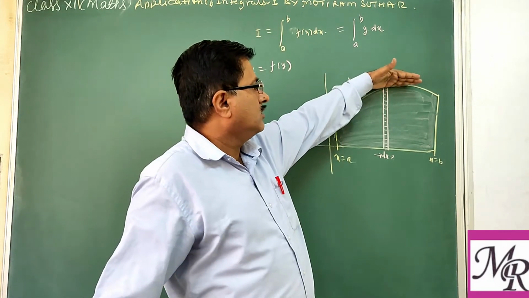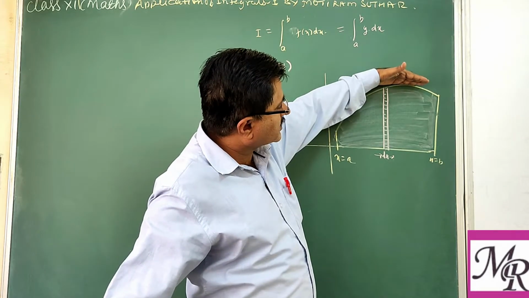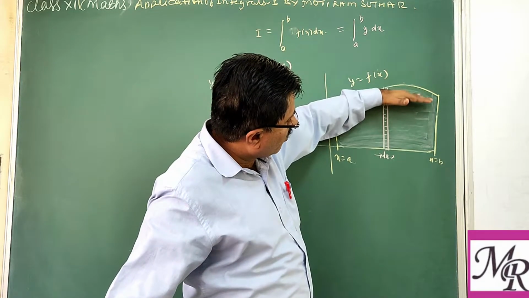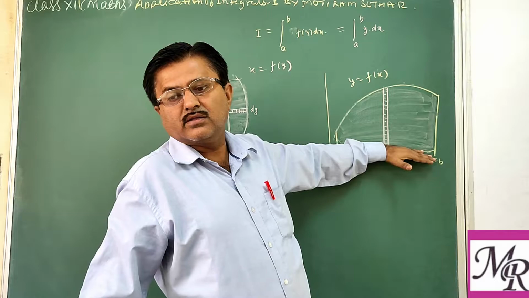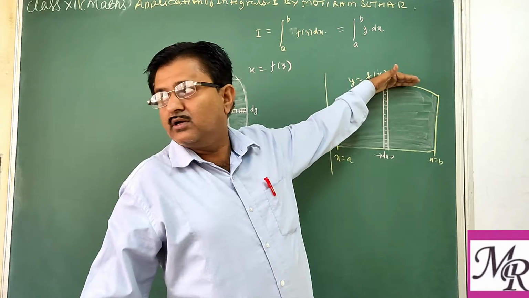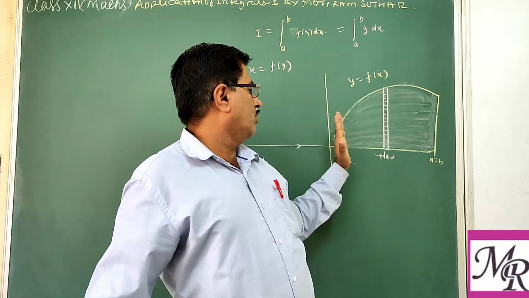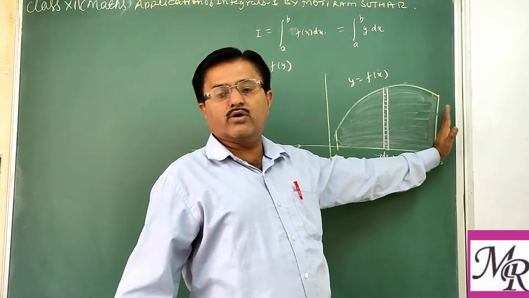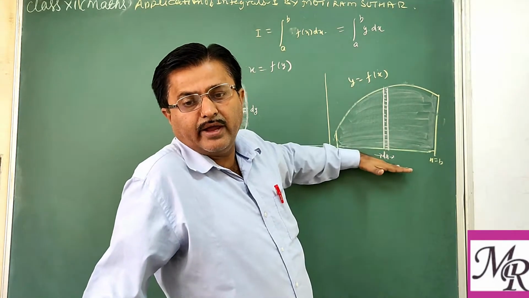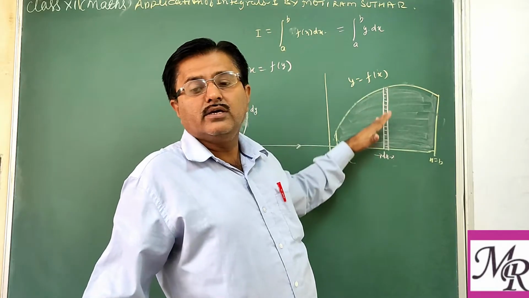This is the curve. So how much area is covered by this curve on the x-axis? That is the area between y equal to f(x), the ordinate x equal to a, the ordinate x equal to b, and the x-axis. This area.